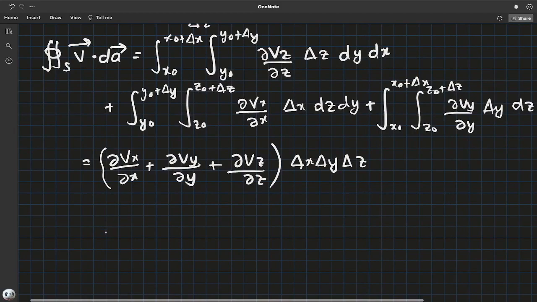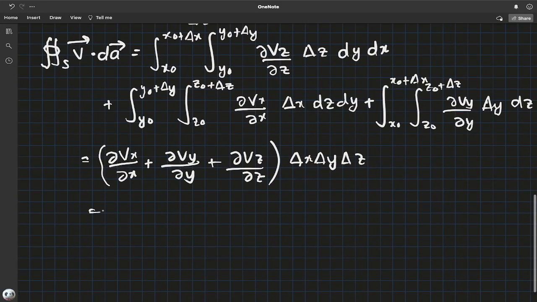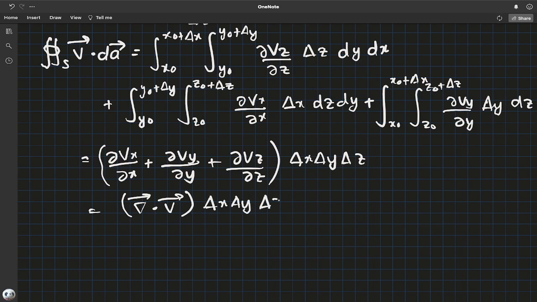And that is the closed surface integral, and if you recognize the quantity inside, this is just the divergence of V times delta x, delta y, delta z.